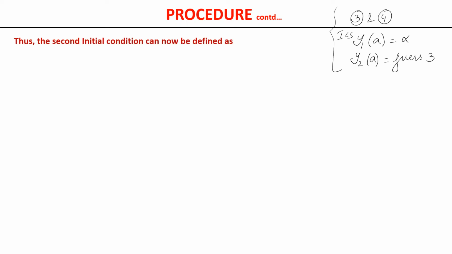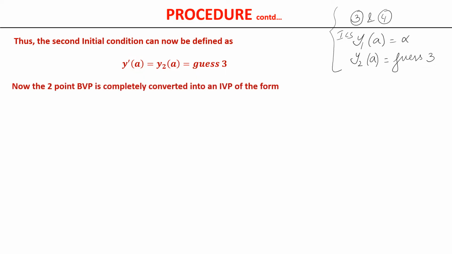So now we have found the two initial conditions: y1 of a equal to alpha, and we can comfortably say that y2 of a is not guess 1 or guess 2, but guess 3. So together with equations 3 and 4 and with the two initial conditions, we are able to declare the given IVP in this manner.